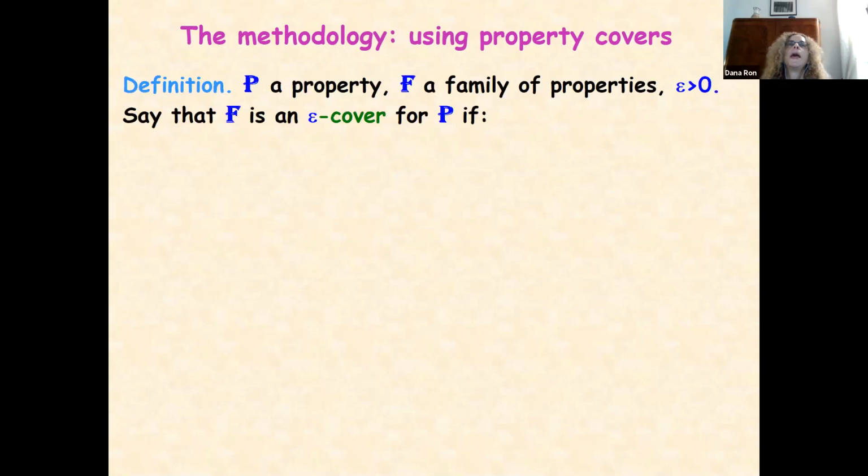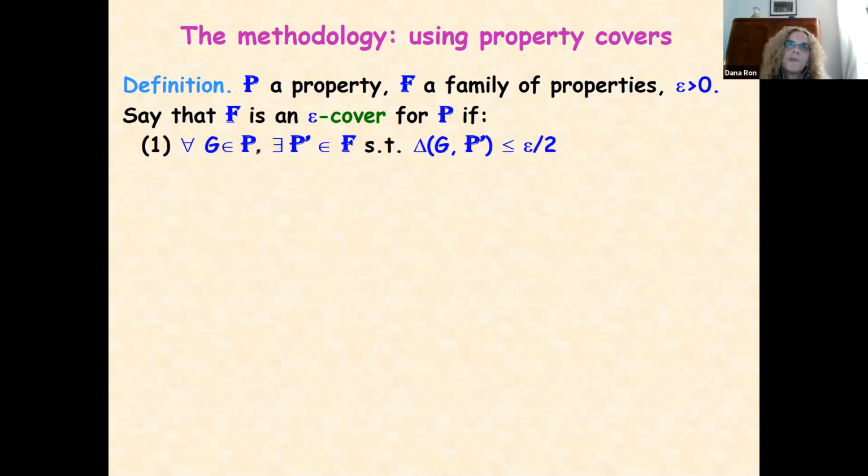Okay, so now I'm going to define this notion of property cover. P will denote a property, F a family of properties, epsilon is our distance parameter. And we say that F, the family of properties, is an epsilon cover for P if, now it's going to appear in a statement, but I'll have an illustration in a minute. Some people prefer to see things in formal form, some illustrations, so I'll give both.